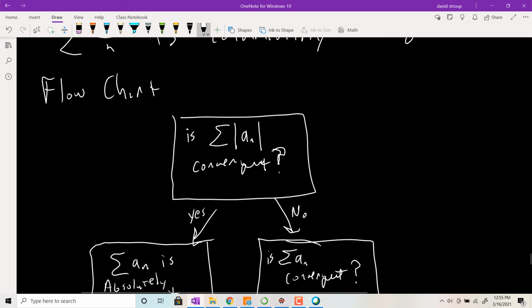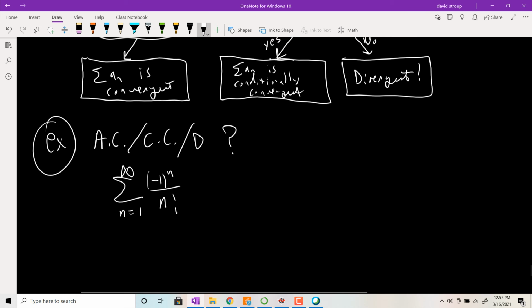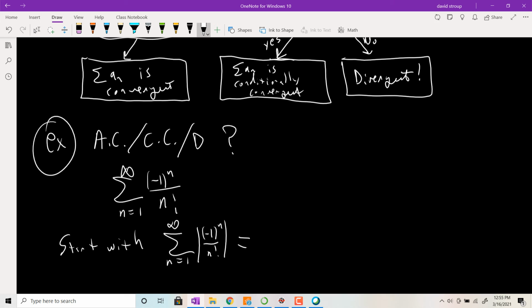On the flow chart, you start with the series of the absolute value of the terms. So start with the series of the absolute value of this (-1)^n over n factorial from n equals 1 to infinity. And of course, the absolute value will just get rid of those (-1)^n's. So we have the sum from n equals 1 to infinity of 1 over n factorial.